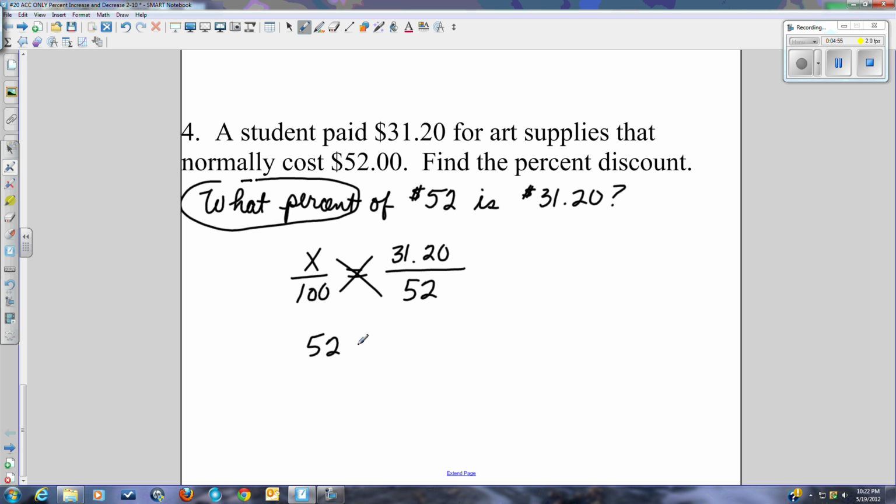So we have 52x equals 100 times $31.20, which gives us 3,120. And now to get x alone, we divide everything by 52. So x is 60%.